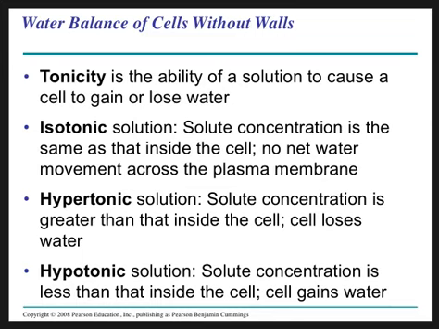So if I place a cell into what's called an isotonic solution, in this case, the solute concentration will be the same inside and outside of the cell. The amount of glucoses per volume are going to be the same inside and outside of the cell. The end result is no net water movement across that plasma membrane.